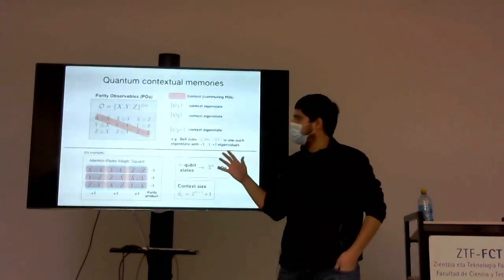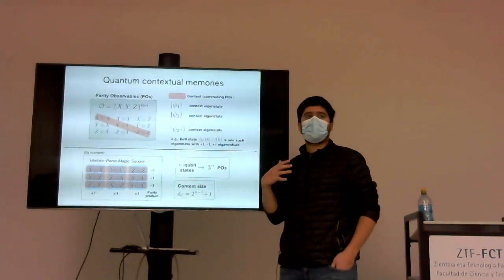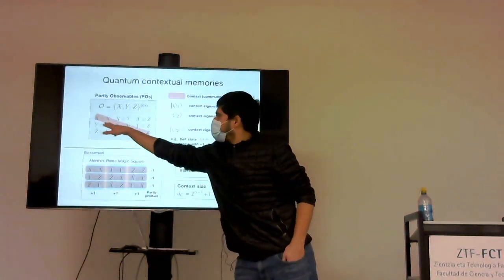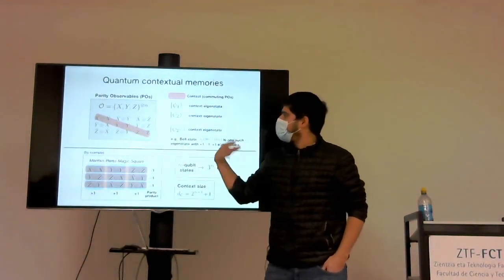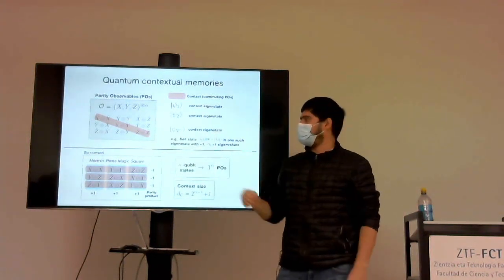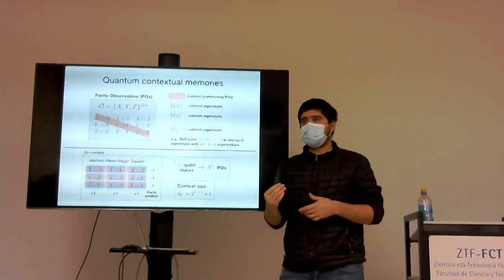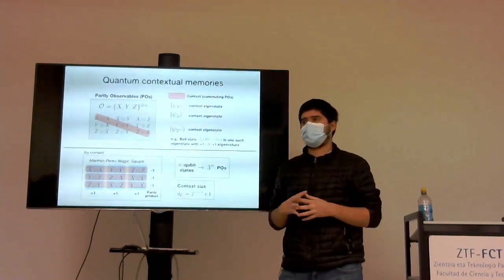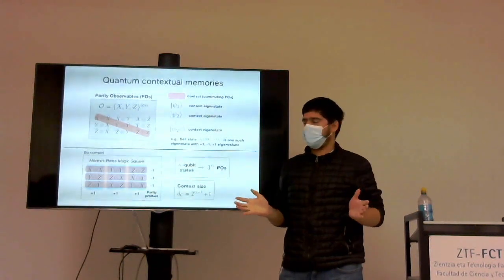So some sets of the parity observables commute with each other. For example, for 2 qubits, XX commutes with YY, which also commutes with ZZ. So if you measured a certain state in XX, you could then measure it in YY and then in ZZ and not affect the statistics, in theory.